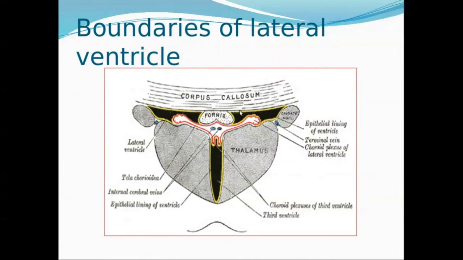This is the roof of the lateral ventricle. What is that? Body of corpus callosum. Floor from lateral to medial side: this is the body of the caudate nucleus and the upper surface of the body of the thalamus. In between that, the stria terminalis and thalamostriate vein, and also the choroid plexus and the body of the fornix. So from medial to lateral side, this is the floor.